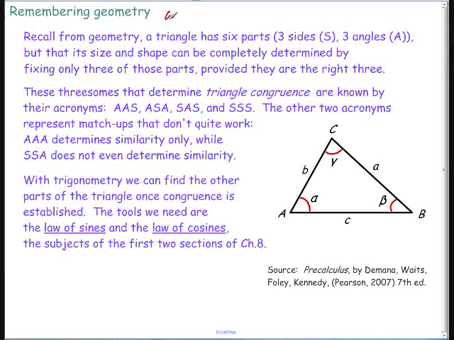So the wrong 3 would be, for example, angle, angle, angle. I could have a right isosceles triangle. There it is. All the angles are the same. Excuse me, I haven't even drawn the second one yet.